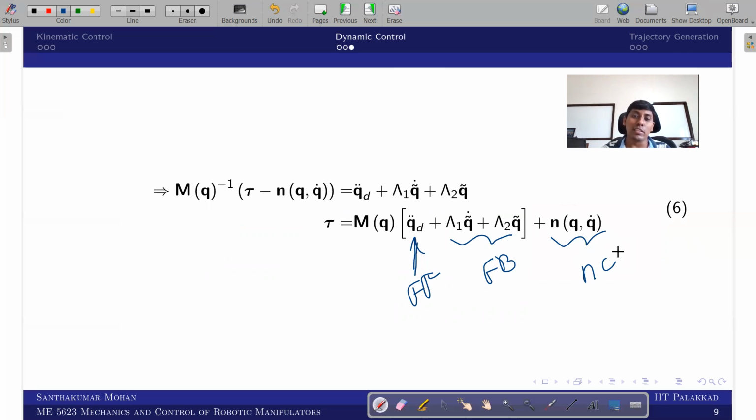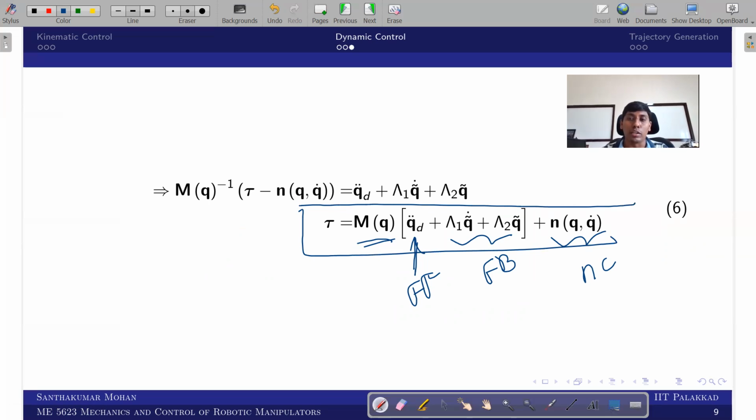Now you can see that this is doing something like a weighted matrix, because that makes sure that your error dynamics is q tilde double dot plus lambda 1 q tilde dot plus lambda 2 q tilde equal to 0. In that sense, the system is giving very stable behavior. So this is what we call computed torque control.